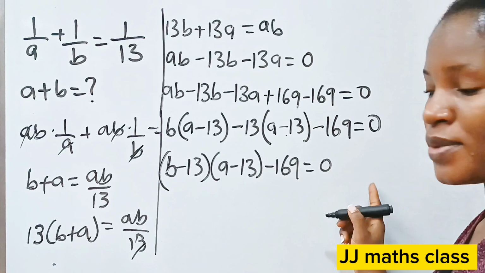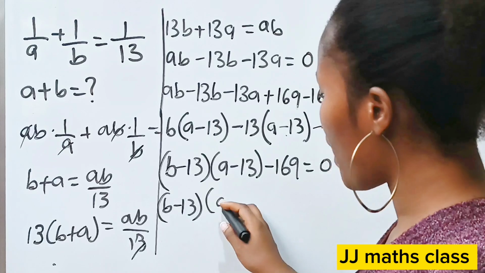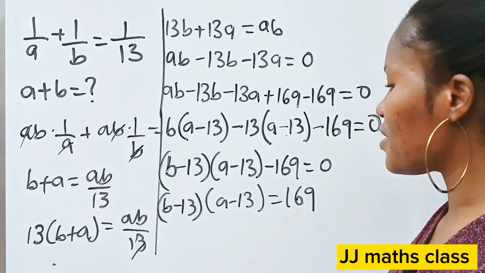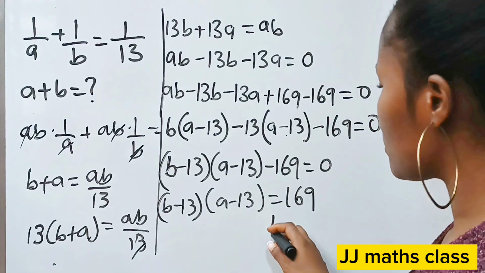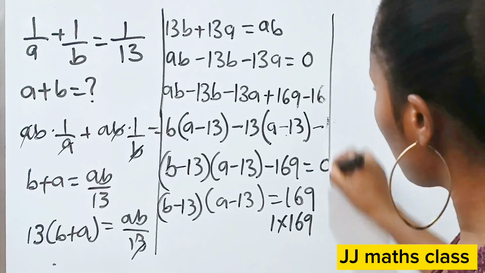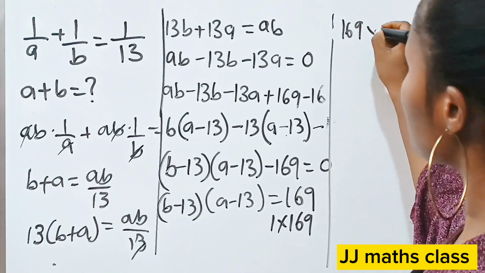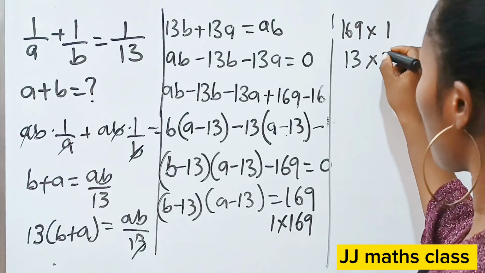If we transfer this to this side, we have b minus 13 multiplied by a minus 13 is equal to 169. Now there are several ways we can factorize 169. The first one is 1 multiplied by 169. The second one is 169 multiplied by 1, sorry. The third one is 13 multiplied by 13.